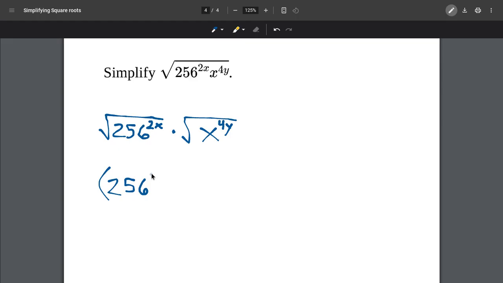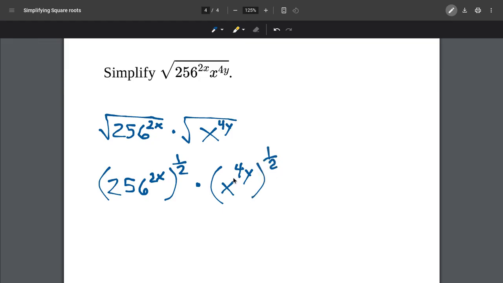So 256 to the 2x power raised to the 1/2 power times x to the 4y power raised to the 1/2 power.